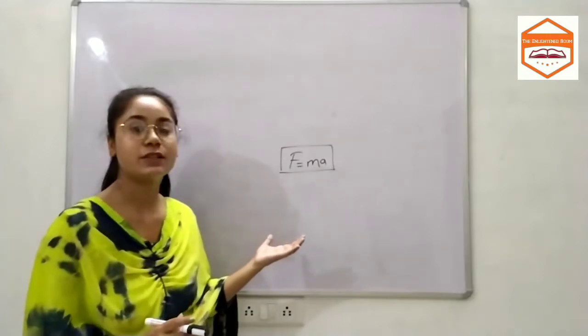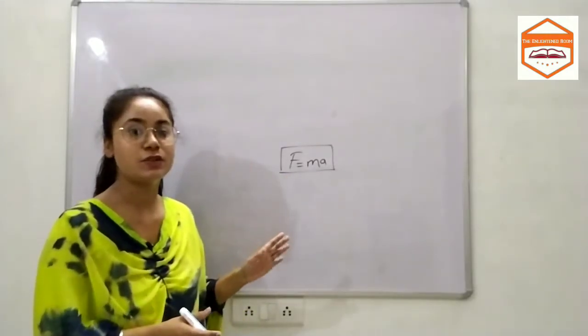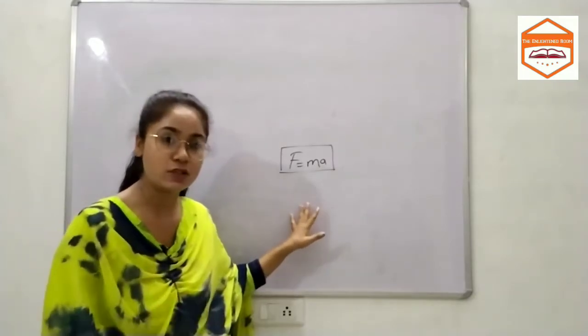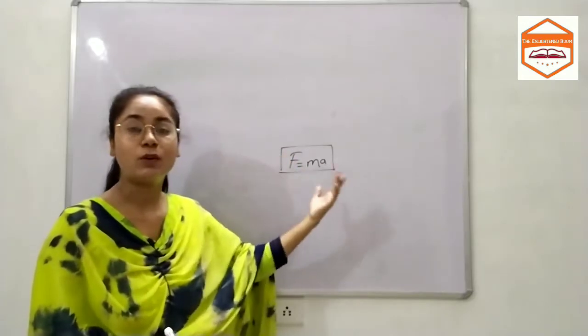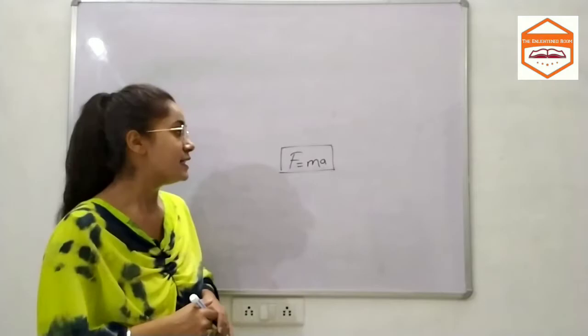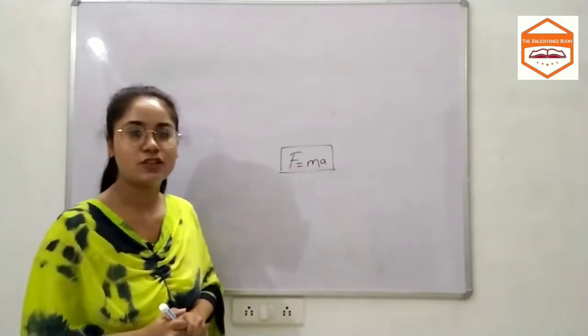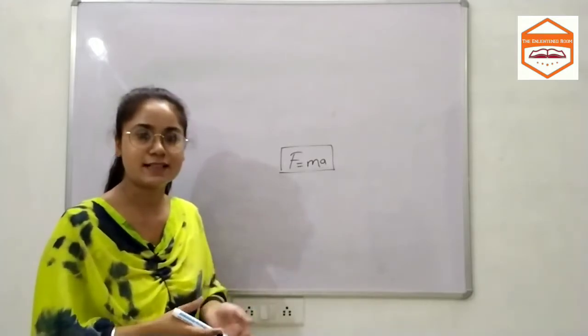Now, according to this equation, the force applied on that body is equal to the mass of the body times the acceleration, the amount of acceleration by which that body moved, right? So what is acceleration?